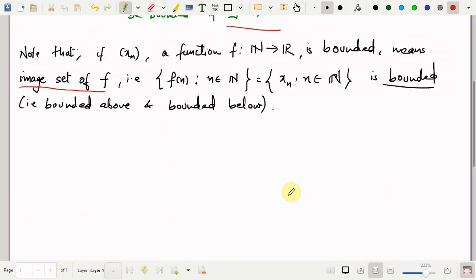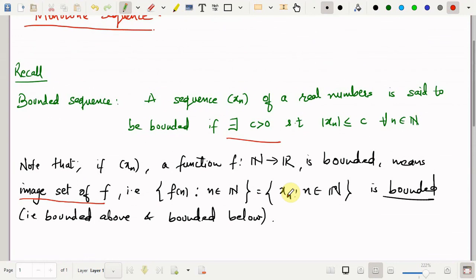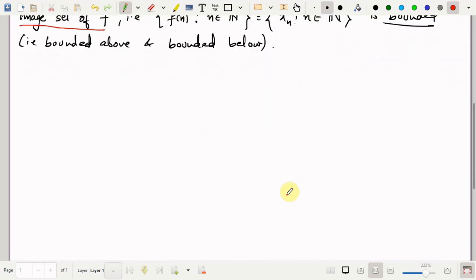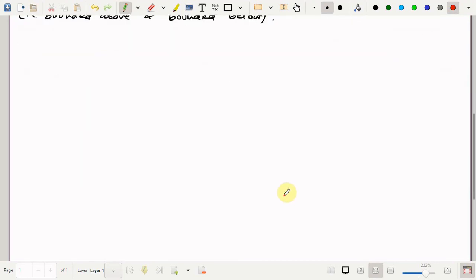So now let us get into the topic monotone sequence. While discussing the graph of the sequence, or the nature of the sequence, we have come across sequences which either keep on increasing or keep on decreasing. So it follows one natural trend.